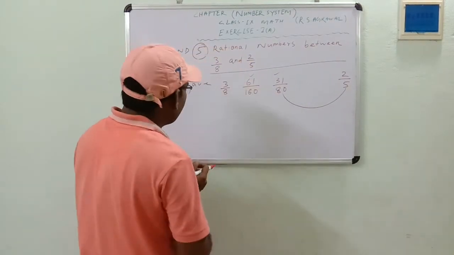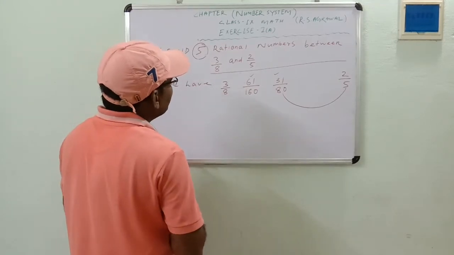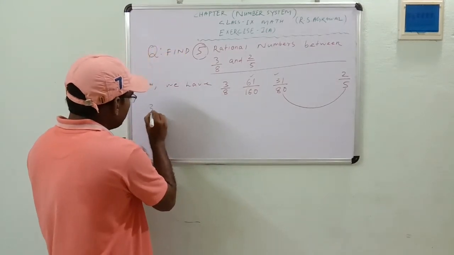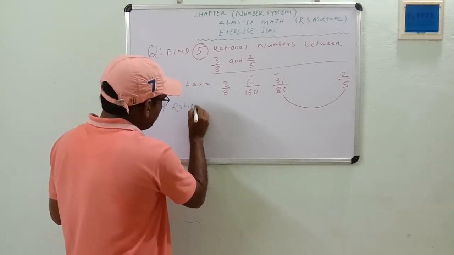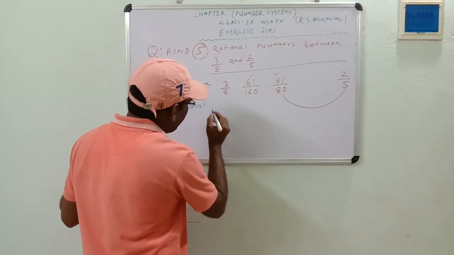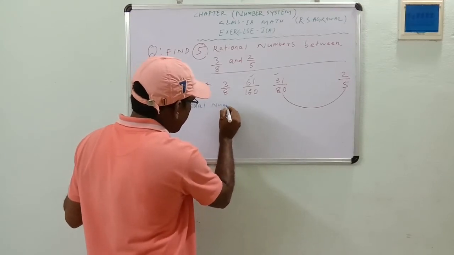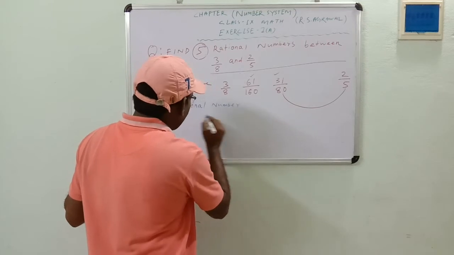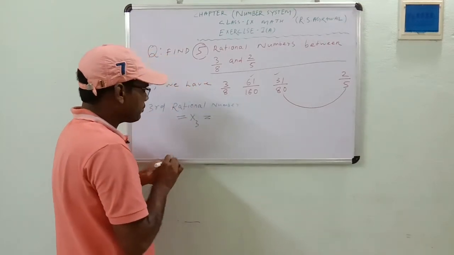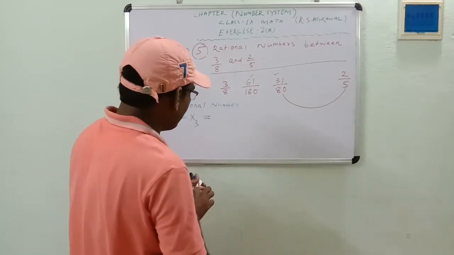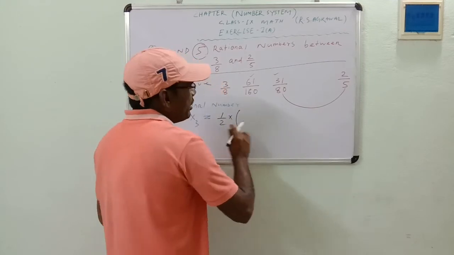So use the same formula. The third rational number, suppose you consider it as x3, equal to, use the same formula, 1 by 2 into a plus b.